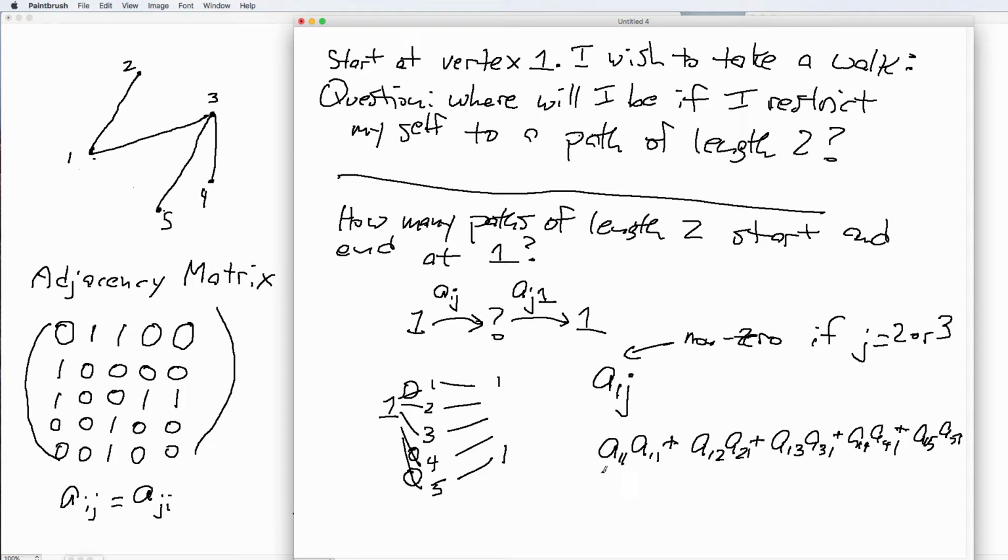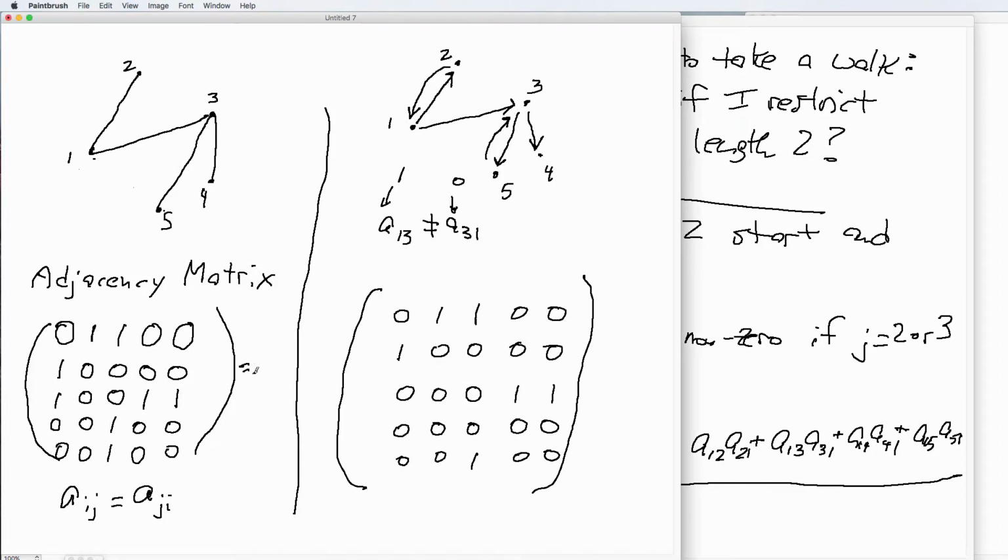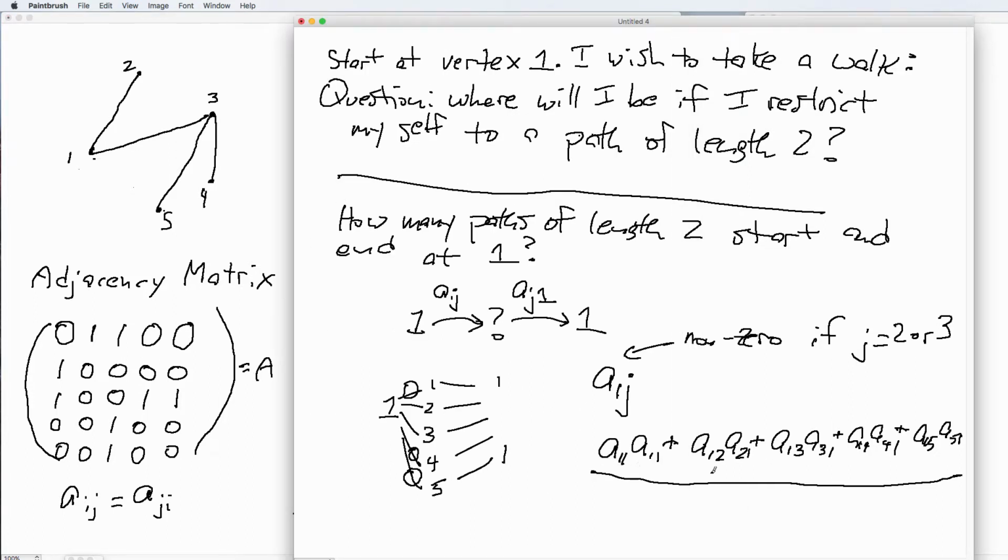And the thing to notice about this that's kind of cool is if you come back over here to the adjacency matrix, and let's call this A, think about going A times A. What this quantity is, is actually this row times this column right here.